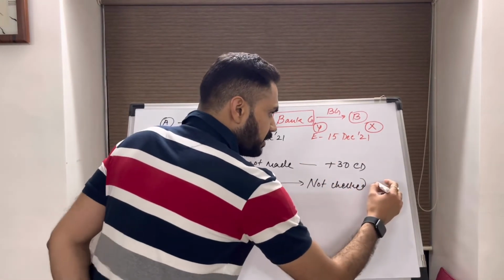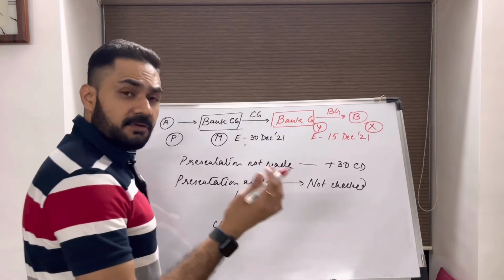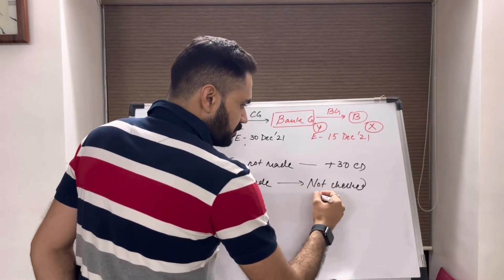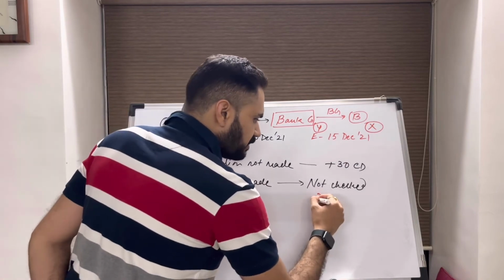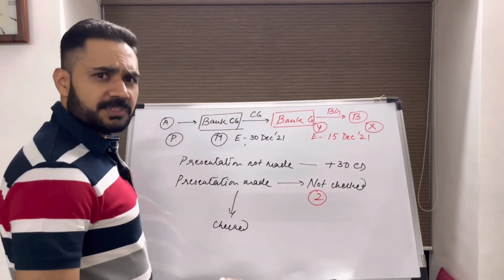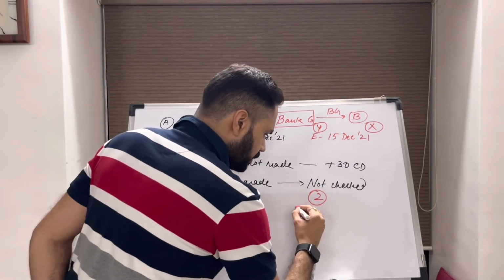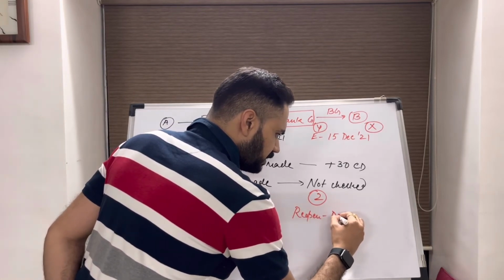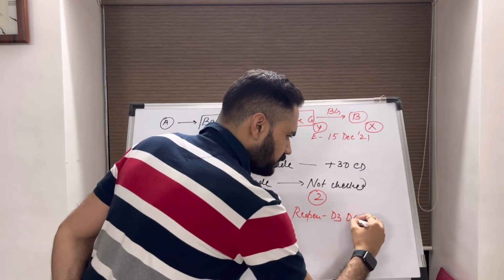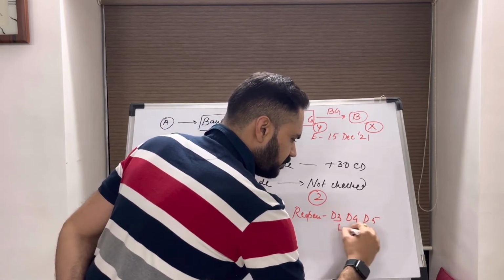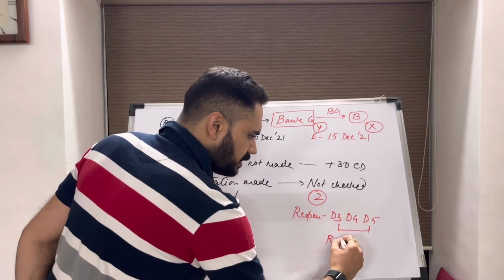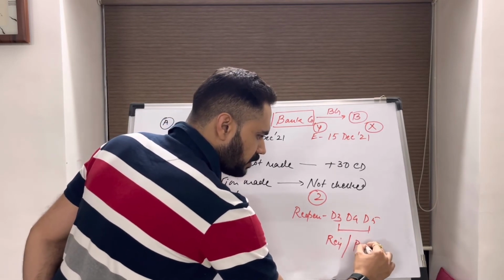Not checked, whatever number of days have already lapsed. So for example, it is presented and 2 days have gone, still you have not checked. Then whenever you reopen, that will be day 3, day 4 and day 5. Within these days you have to either reject or pay.